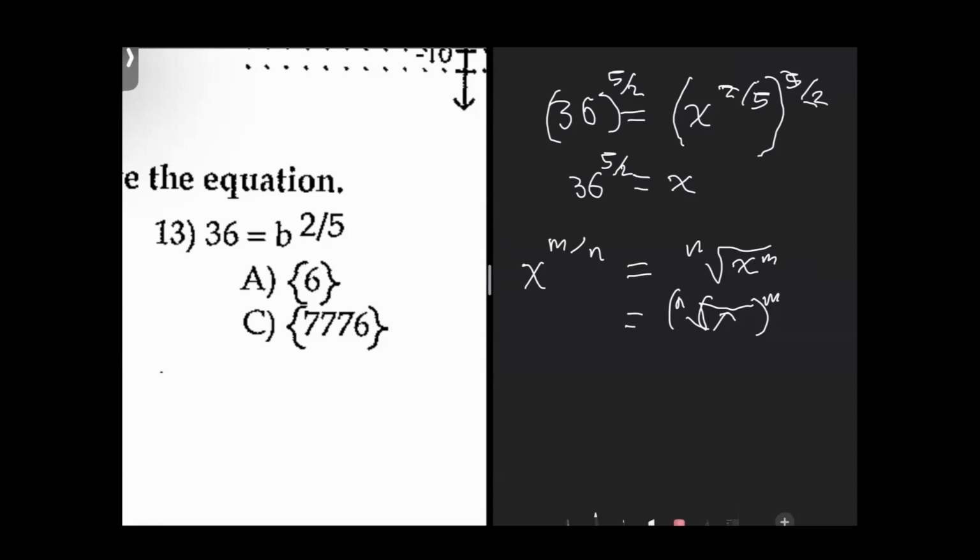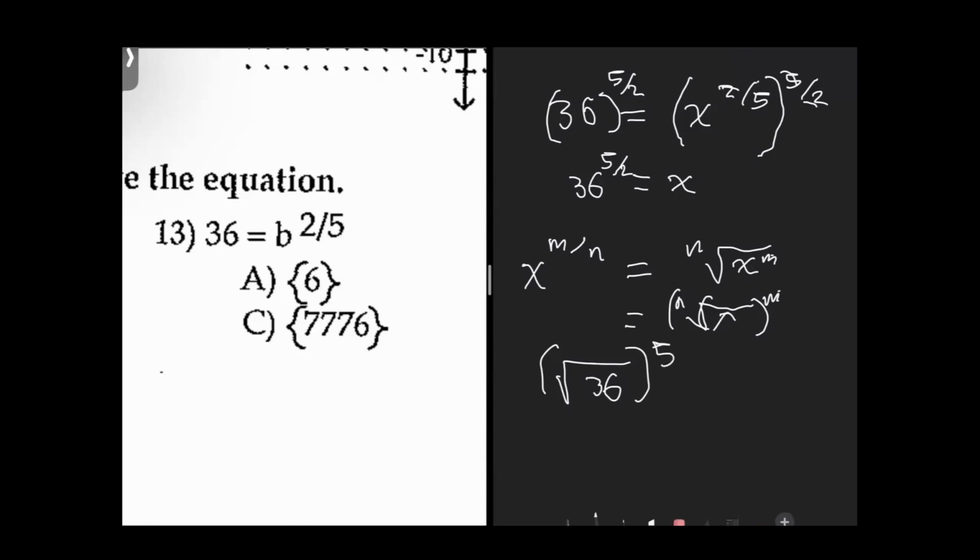So let's convert 36 raised to the 5 over 2. In our case, our m will be the 5 and our n will be the 2. So the inside will be 36. And the bottom number of 5 over 2, which is 2, is considered to be the square root. And with square roots, we don't have to write the 2, it's implied. Parentheses, and the m is the number on top, which is the 5.